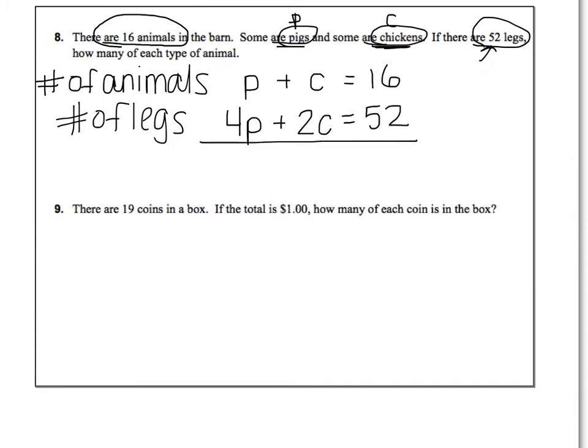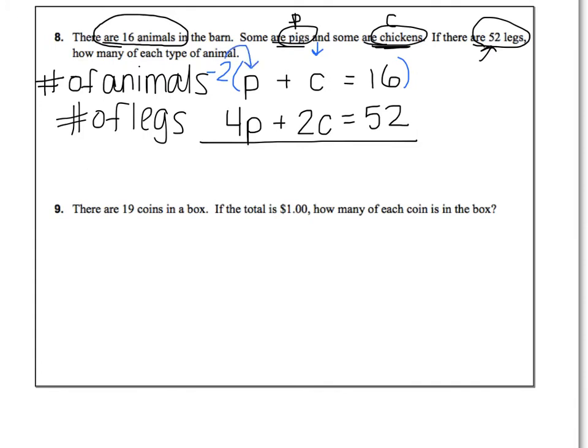From here, I would probably use the process of elimination to solve this problem. The elimination method is when we need opposites. So what I'm going to do is create opposites with my c's. So the opposite of 2c is negative 2c, so I'm going to take the top equation and multiply everything by negative 2 to create opposites.